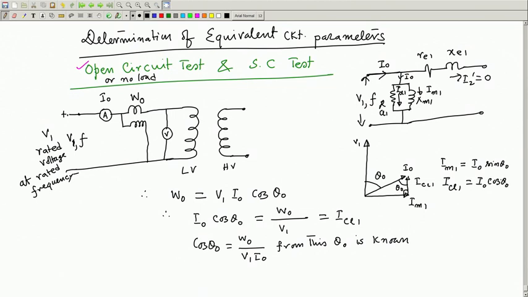Therefore, I have got this current ICL 1 and IM 1, and my problem is to calculate RCL 1. RCL 1 then simply will become V 1 by ICL 1, and XM 1 is equal to V 1 by IM 1. So, these two values can be calculated.